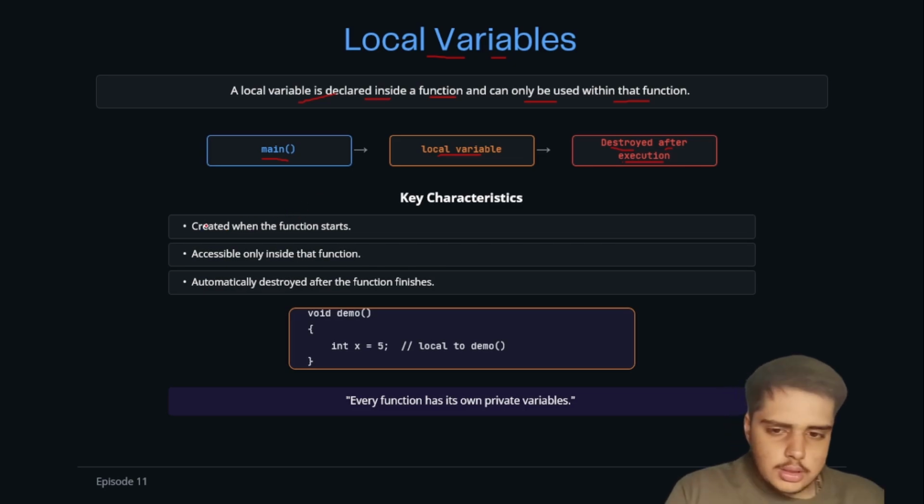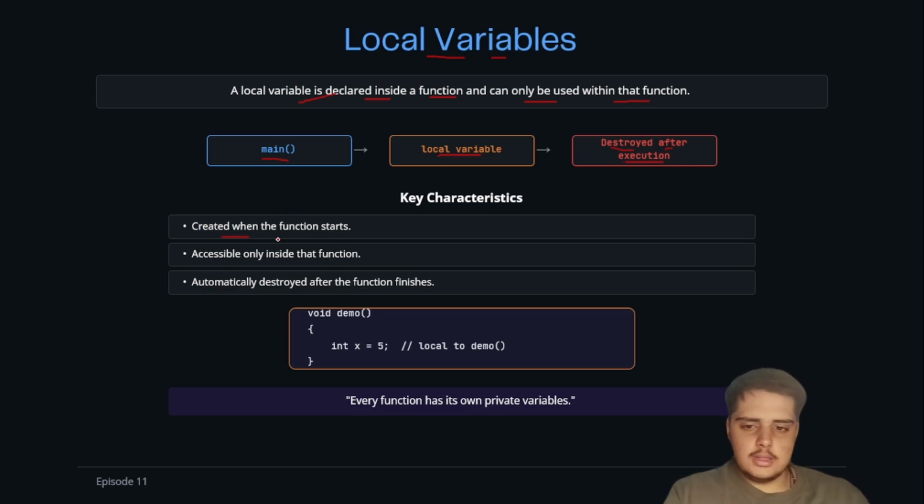The key characteristics are that it is created when the function starts, accessible only inside that function, and automatically destroyed after the function finishes. For example, in void demo, int x is equal to 5 will be local to demo only. So every function has its own private variables.